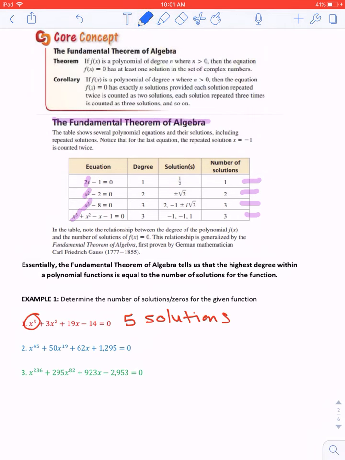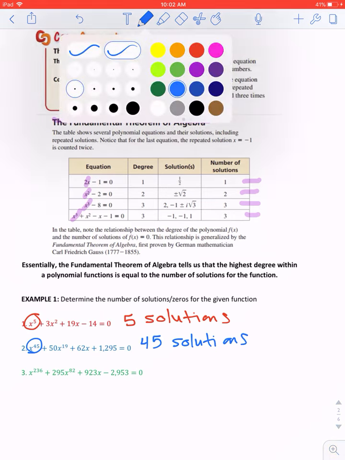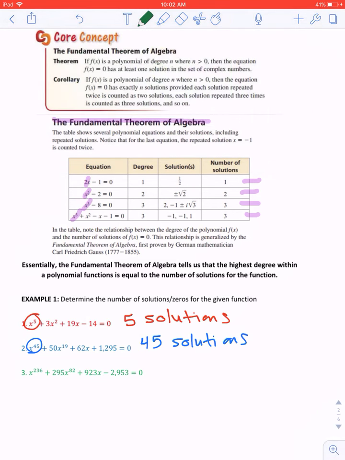How about number 2? When you look at number 2, how many solutions should that have? All right, find that 45. It would have 45 solutions, so it would cross the x-axis 45 times. Some of those are probably going to be imaginary, so maybe it won't cross all of those times. All right, look at number 3.